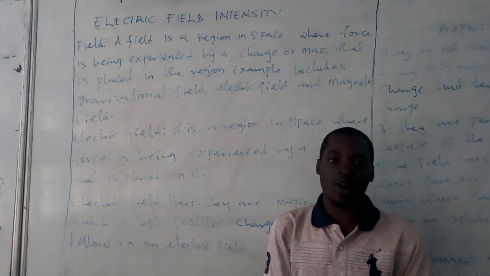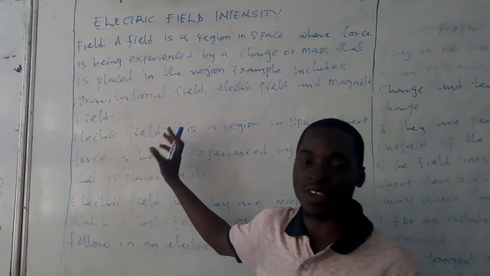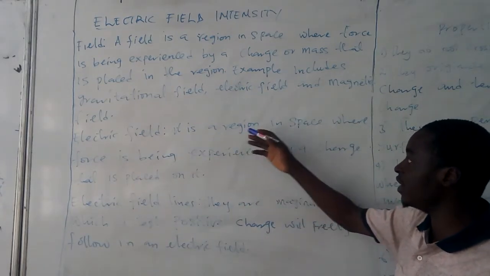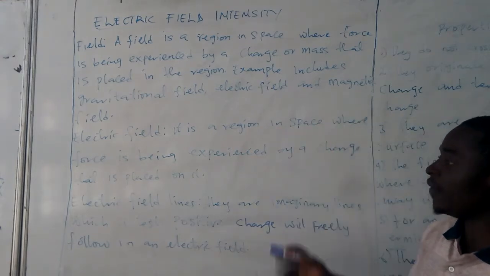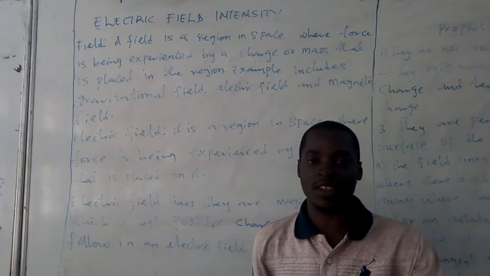The region or space in which this force is experienced is what we call the electric field. So an electric field is a region in space where force is experienced by a charge placed in it.